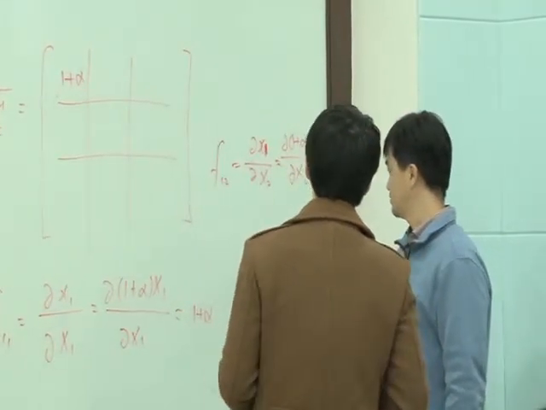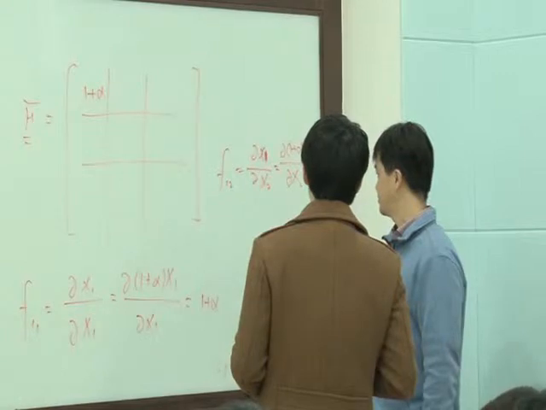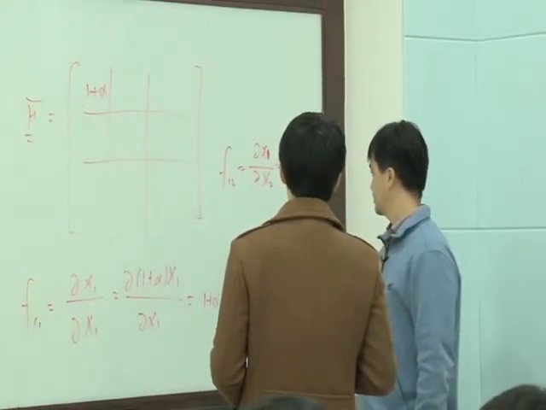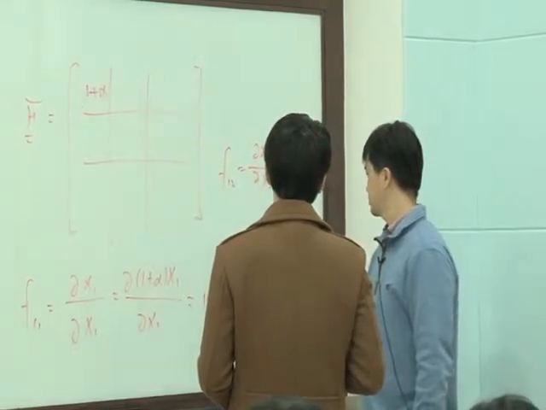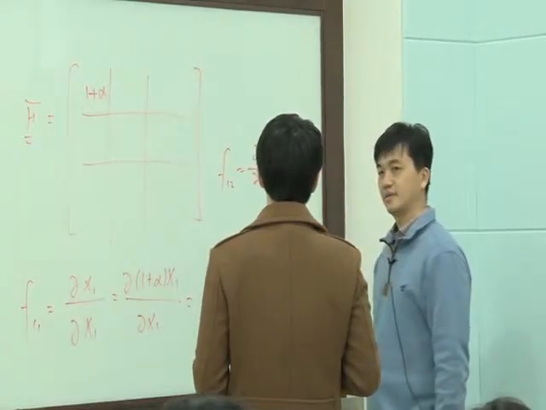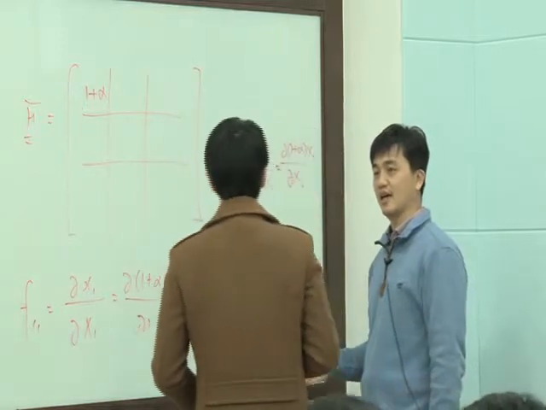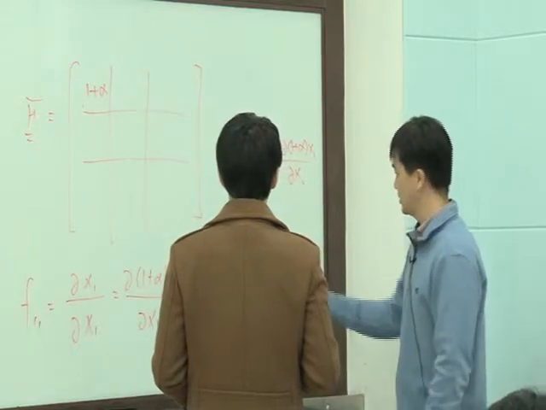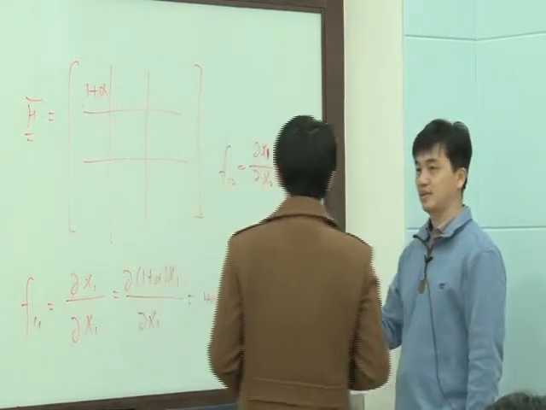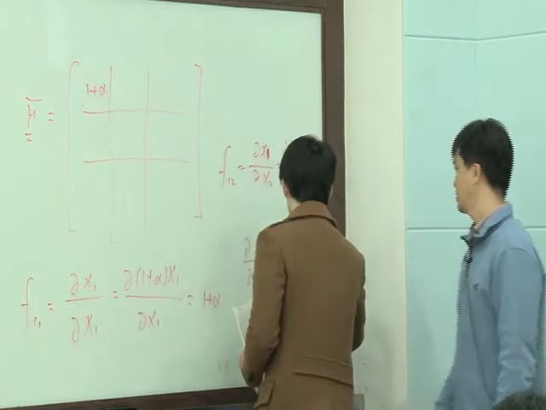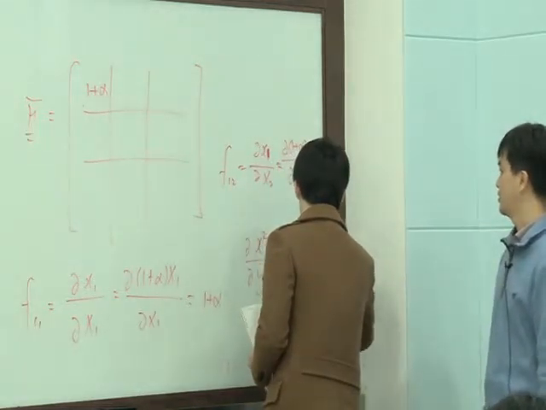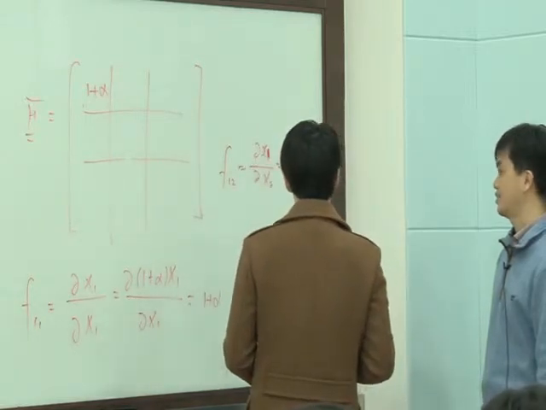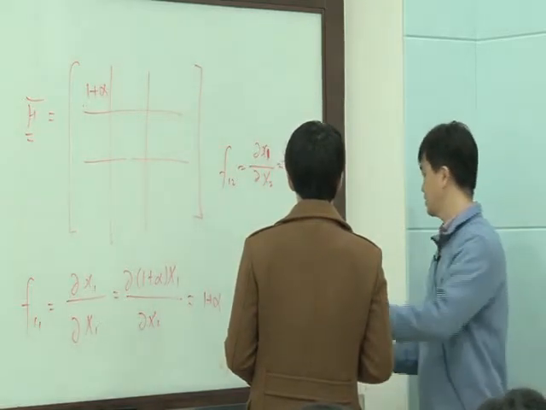So here function, x square. Watch this. When x and y are independent of each other, what is the answer of this?